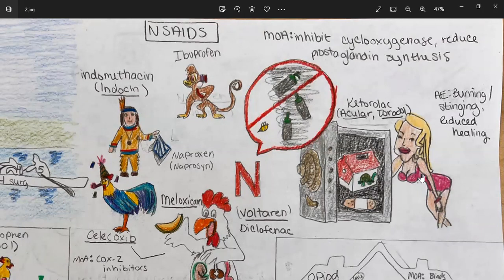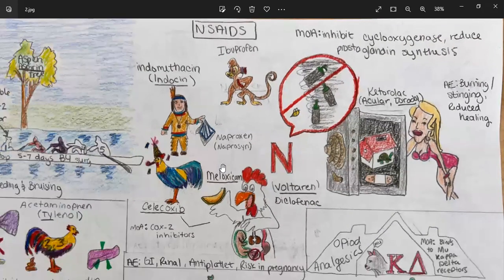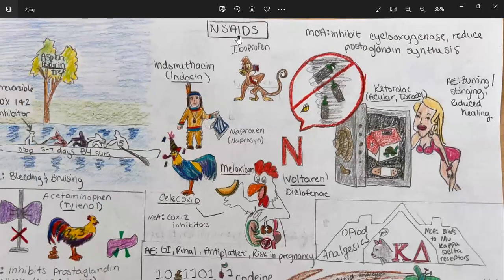And then this is a prostitute for prostaglandin synthesis. Adverse effects are burning and stinging, and then there was reduced healing time. Basically, if you just remember that NSAIDs are COX-1 and 2 inhibitors, and that they have GI effects mostly, you should be good.